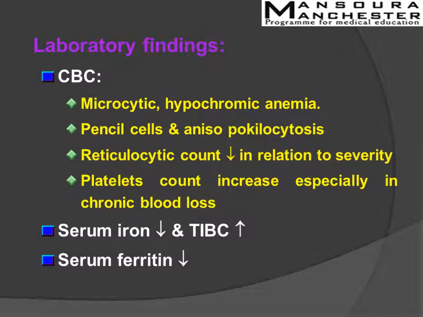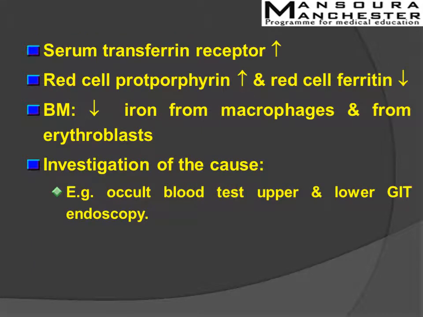Laboratory investigation of iron deficiency anemia includes microcytic hypochromic anemia, reticulocytopenia in relation to the severity, and reactive thrombocytosis. The platelet count usually increases, especially in case of chronic blood loss, as a reaction of hyperactive bone marrow to counteract the blood loss. I will return to the slide again.